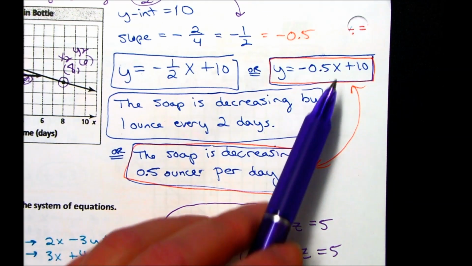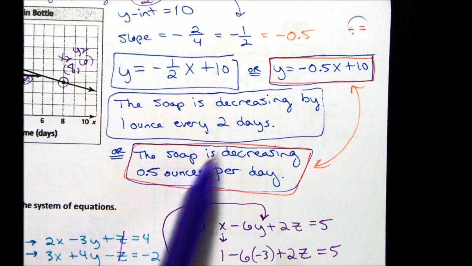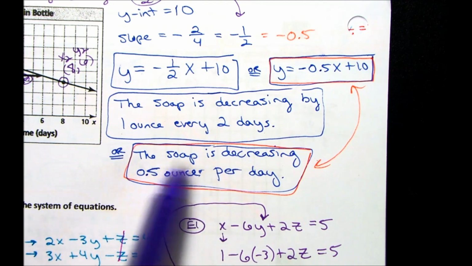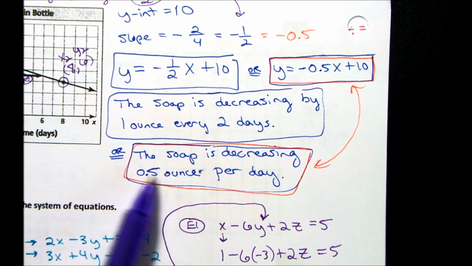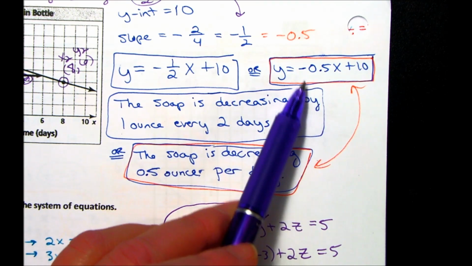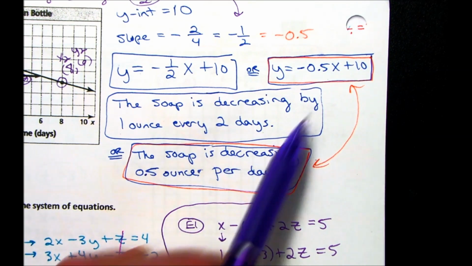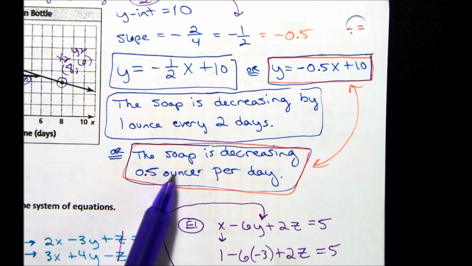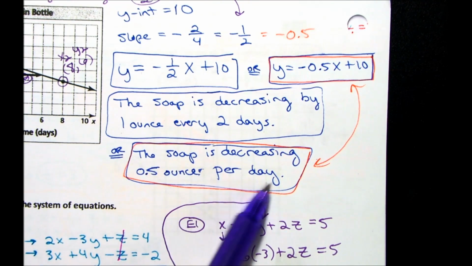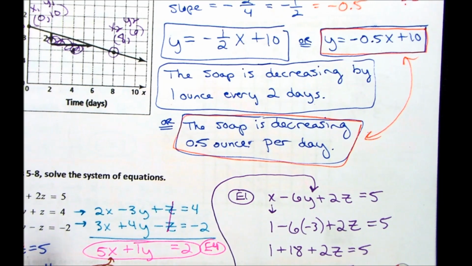So if we look at our slope, the slope is negative, which is taking care of the decreasing part. So you don't want to say it's decreasing by a negative number. The decreasing is already taking care of the negative. So the slope is decreasing 0.5 or 1/2 of an ounce per day, is basically what's happening there.